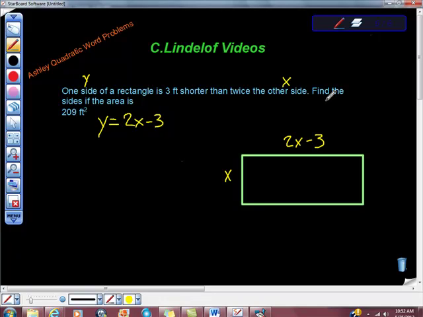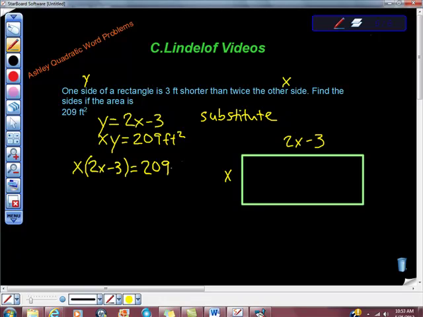Your other equation in the problem is x times y equals 209 feet squared, since it's the area, you would multiply both sides. I would substitute y, since it's already solved for y, into the second equation. So you would do x times (2x minus 3) equals 209.